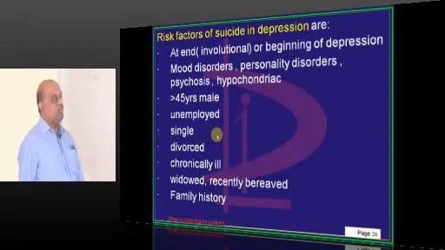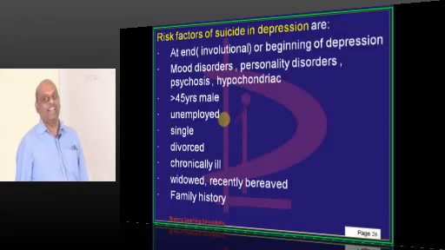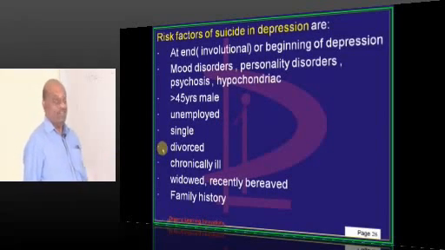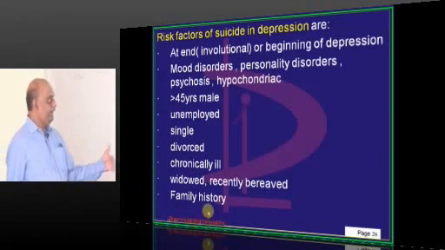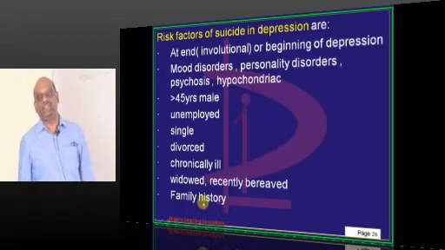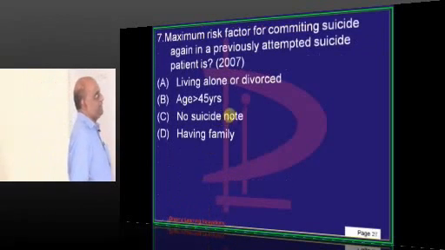Why are divorced people more likely to commit suicide than married people? Married people will be killed without dying every moment, every day. So that is the reason death will not come that easily. So you need to be divorced in order to have a successful suicide. Then those who are chronically ill, widowed, recently bereaved, family history, they are all well-established risk factors.